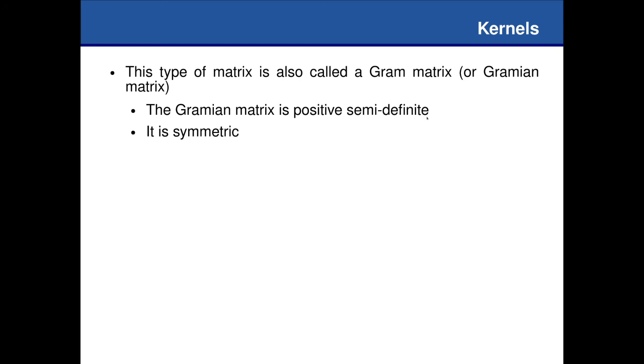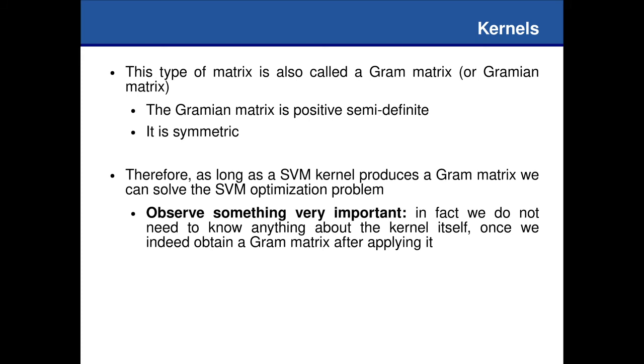And there is a property here, guys, that is so important. As long as the SVM kernel produces a Gram matrix, we can solve the SVM optimization problem. That's nice because, of course, this matrix will be positive semi-definite.